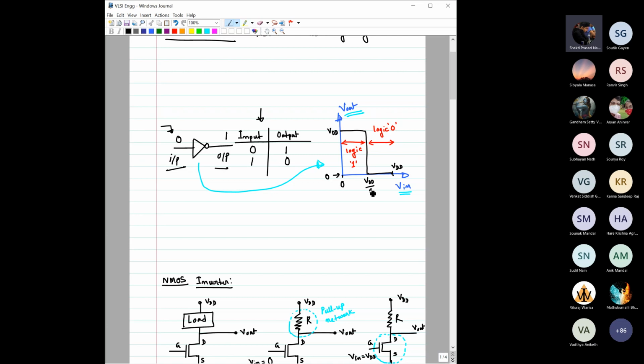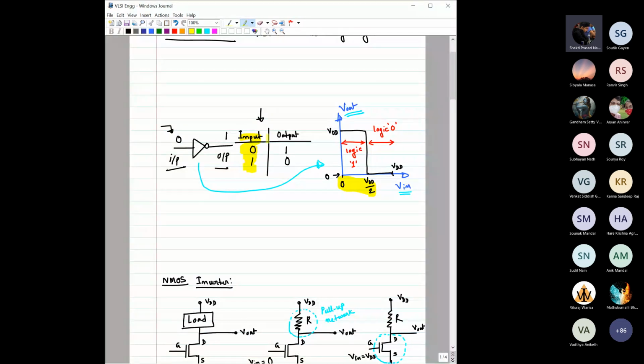So one thing from here should be clear to you: when we are saying input level, for this input level means this logic 1 or logic 0, right? But we are defining this input in terms of some voltage levels, right? And the voltage level is not actually quantized, but it is a type of range of voltage. Here we have defined that logic 0 would be for input voltage from 0 to VDD by 2, right?